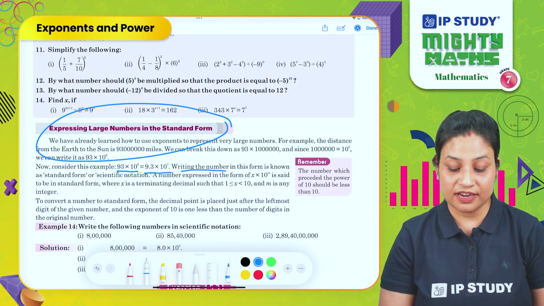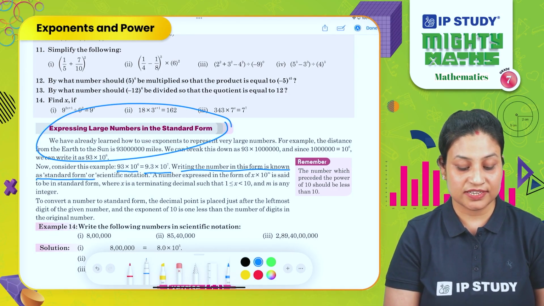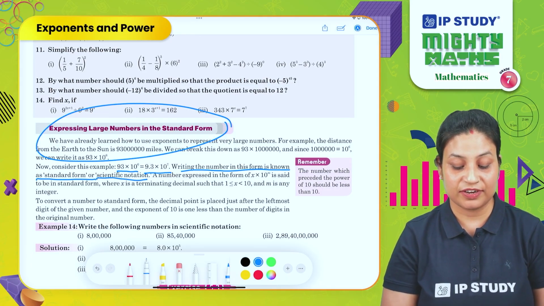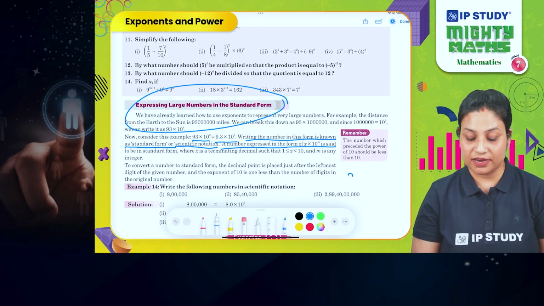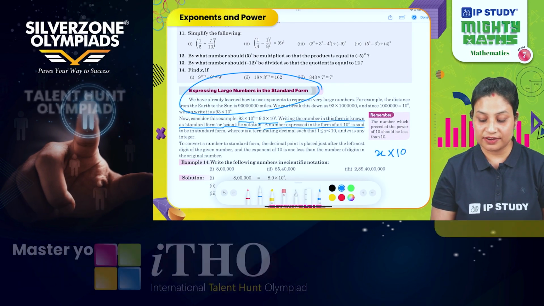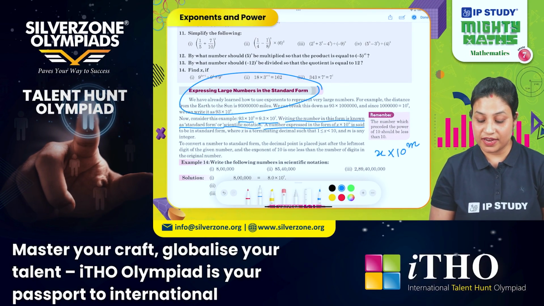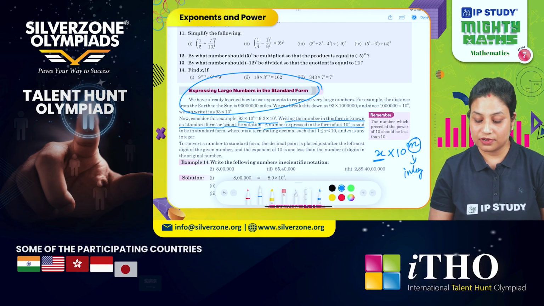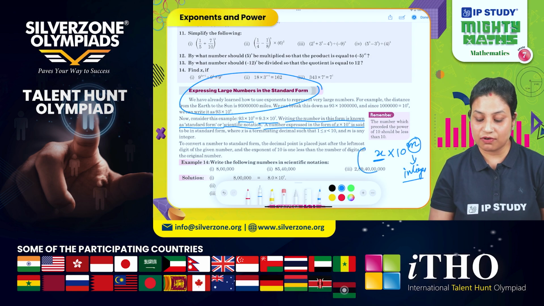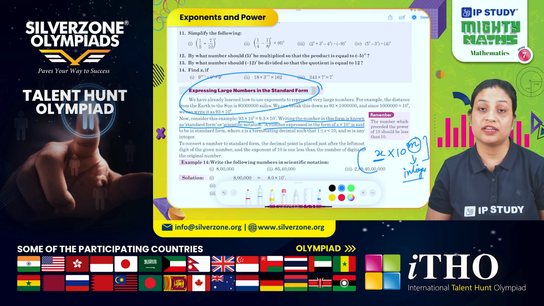Writing the number in this form is known as standard form or scientific notation, right? So we simply express any number in terms of x into 10 raised to the power of m, where x is any number between 1 and 10 and m is any integer. This form is called scientific notation of any number.